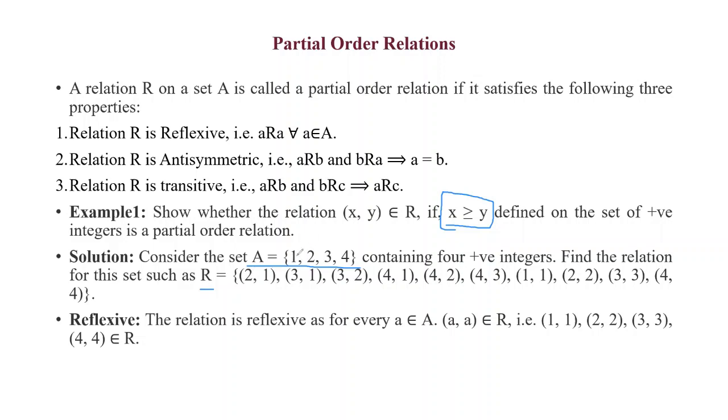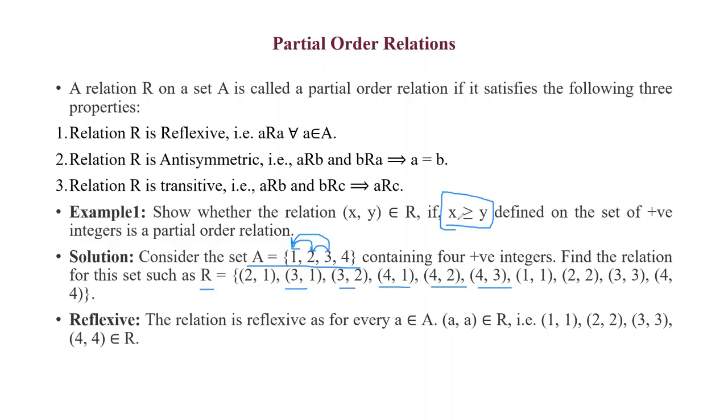So here for the first element: 2 comma 1, that is 2 is greater than 1; 3 comma 1, 3 comma 2; again 4 comma 1, 4 comma 2, 4 comma 3. That is, the first element is greater than the second element.